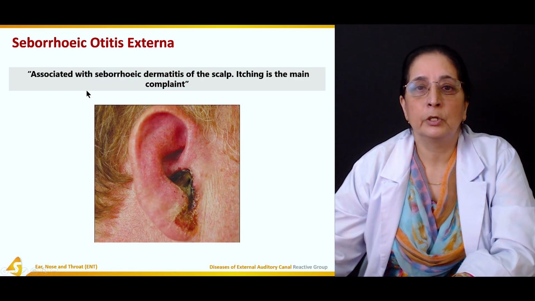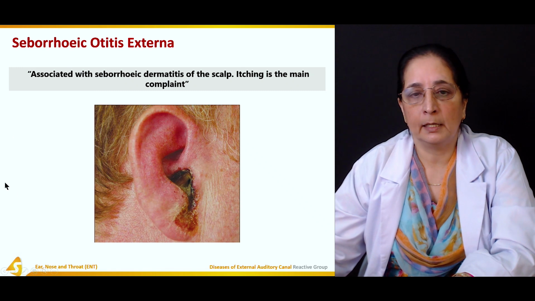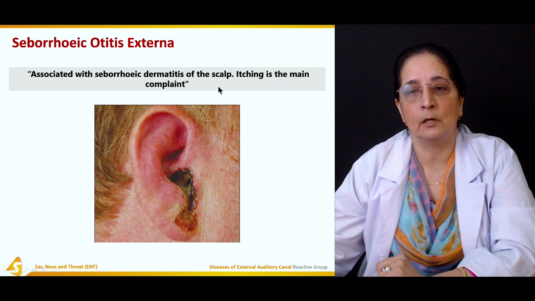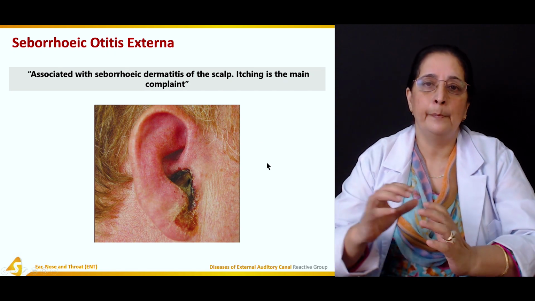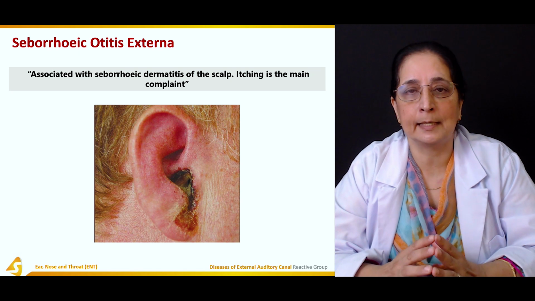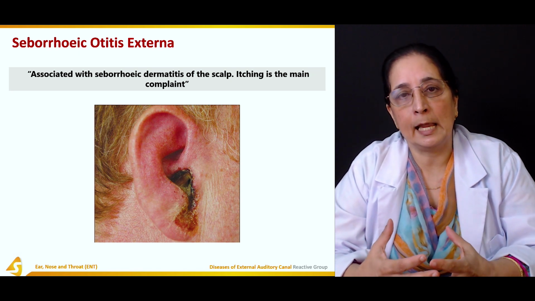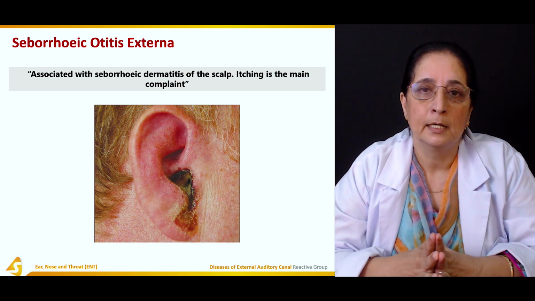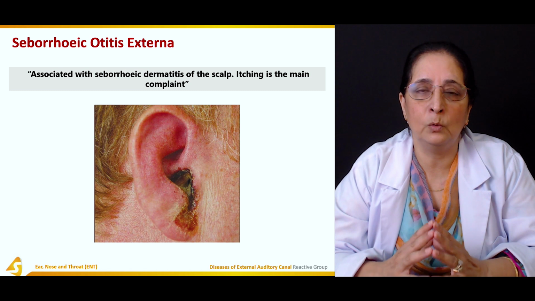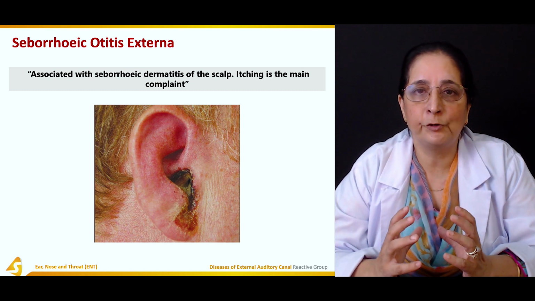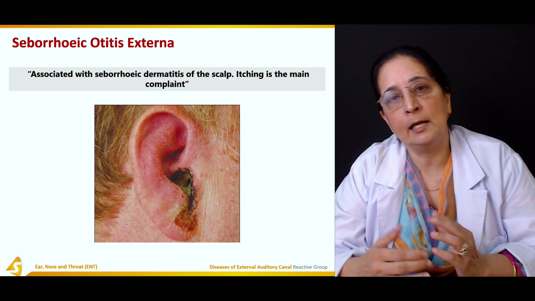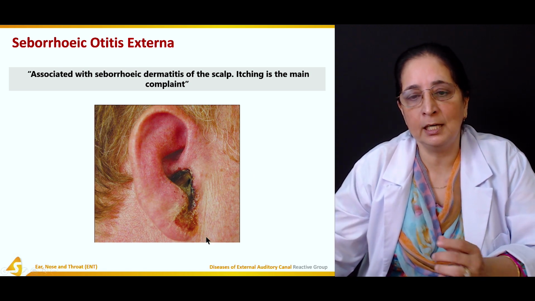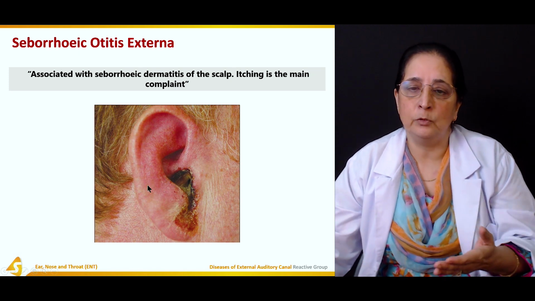Next is seborrheic otitis externa. Again, it's associated with seborrheic dermatitis of the scalp. Seborrhea of the scalp is the dandruff. People who have too much dandruff or dryness of the skin, it can also affect the ear, and there is again very bad itching, and itching can lead to further damage.